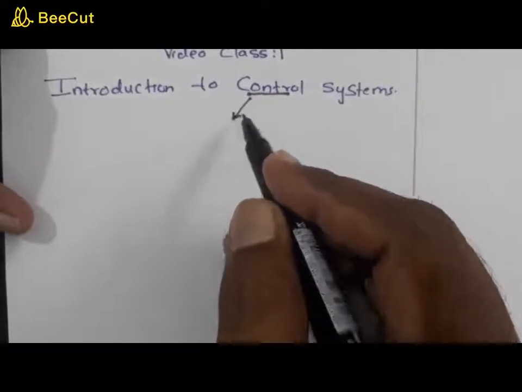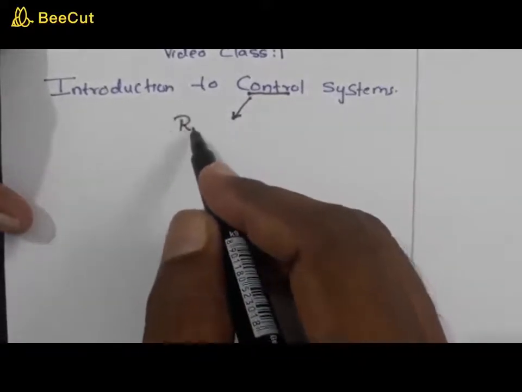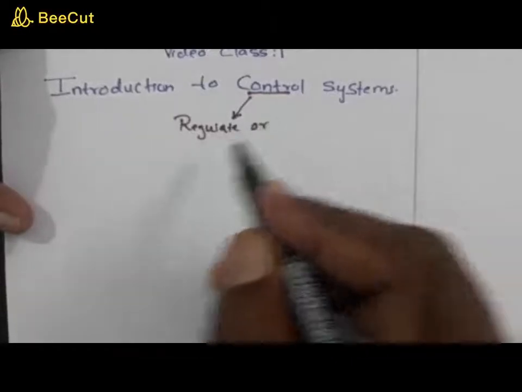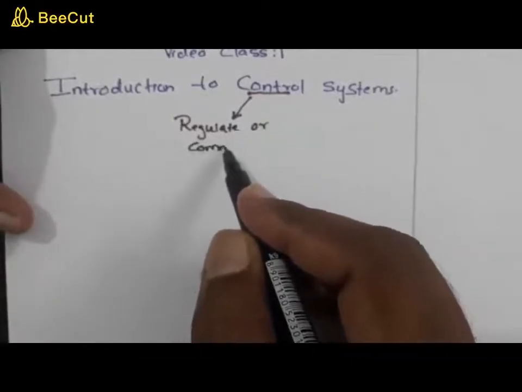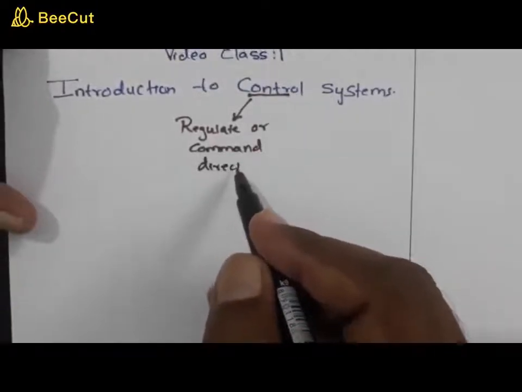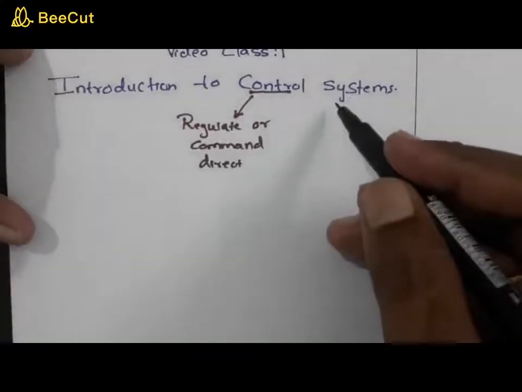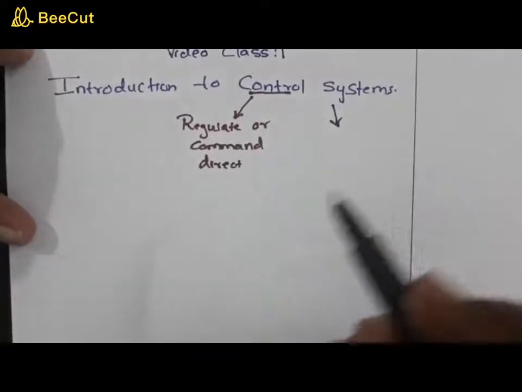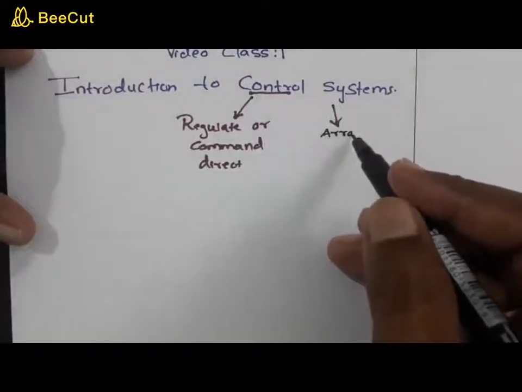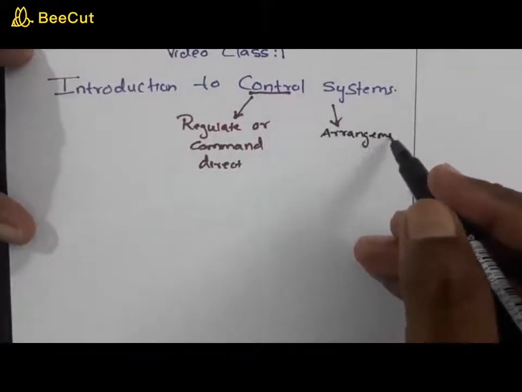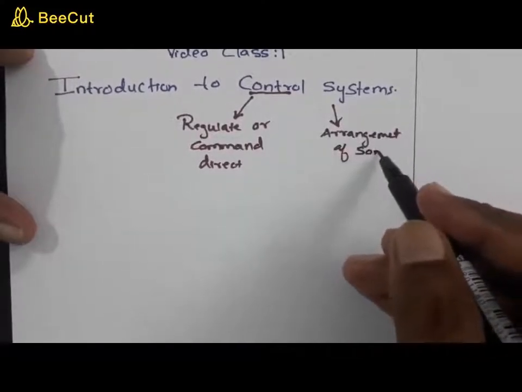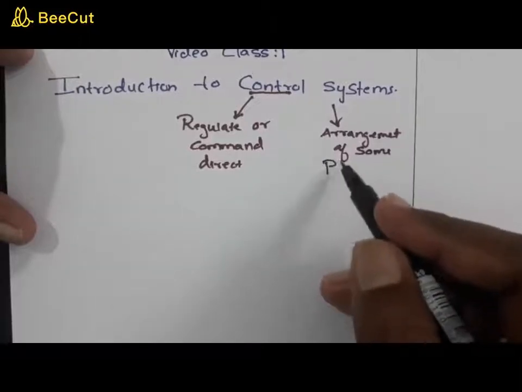Control refers to regulate or command or direct, while system refers to an arrangement of some physical components.